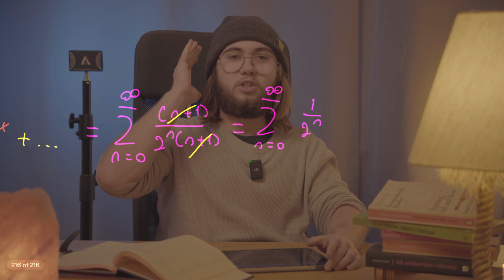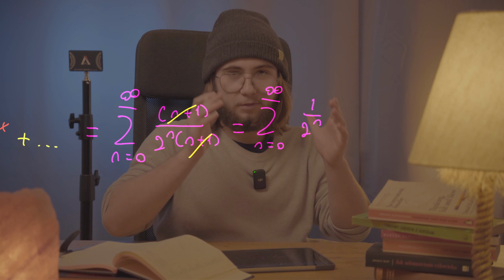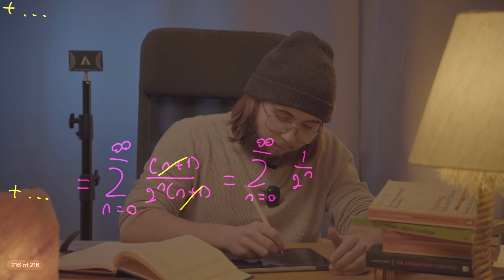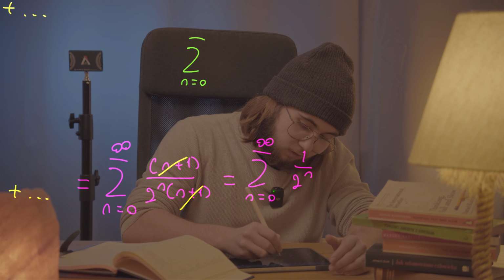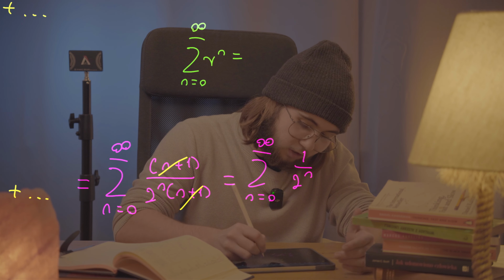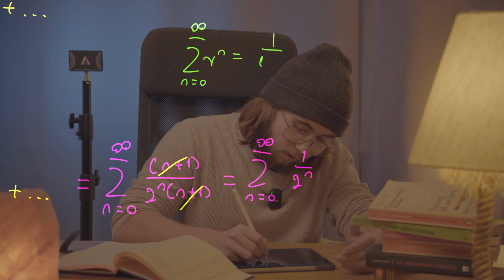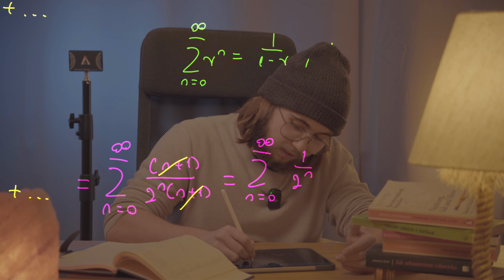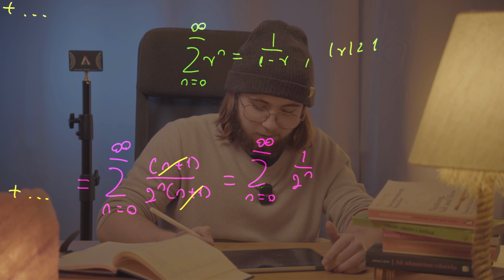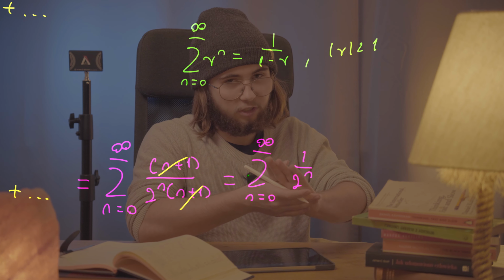But this is just a geometric series and we know how to sum it. We know that the sum as n goes from 0 to infinity of some r to the power of n is just equal to 1 over 1 minus r whenever the absolute value of r is less than 1. And is the absolute value of a half, which is our common ratio here, less than 1?